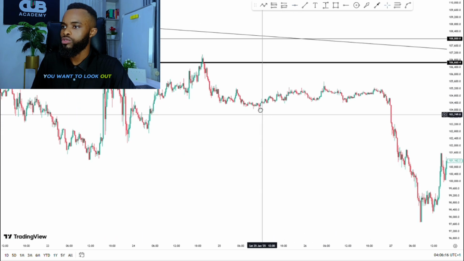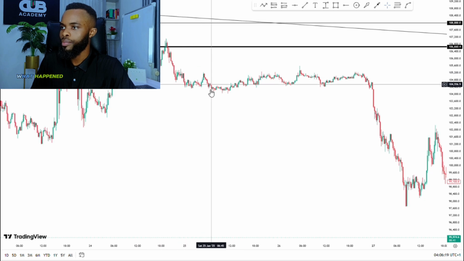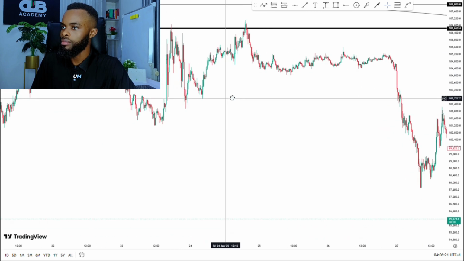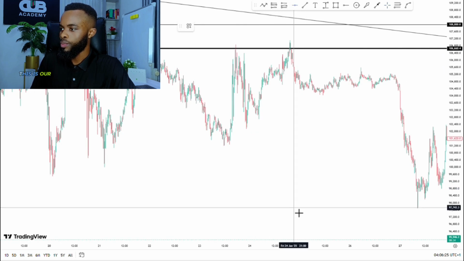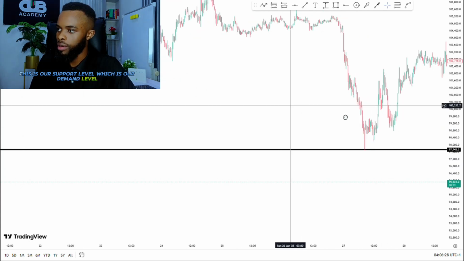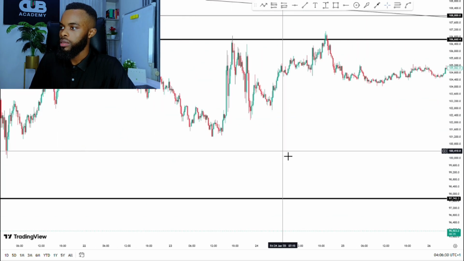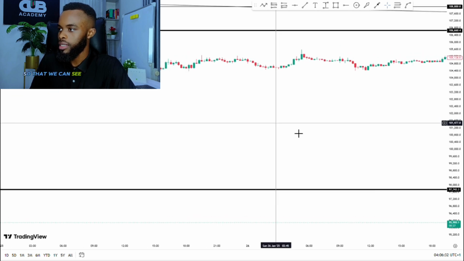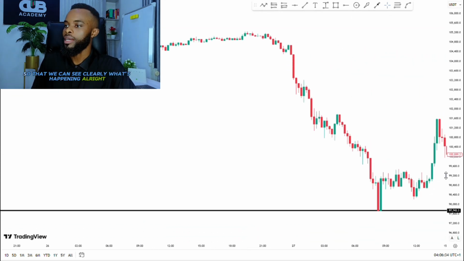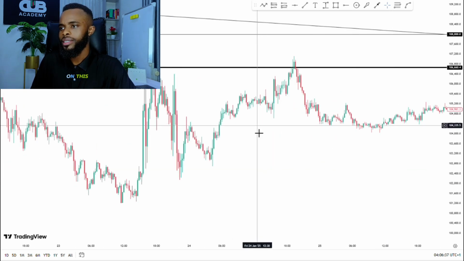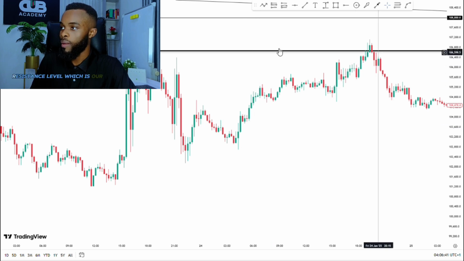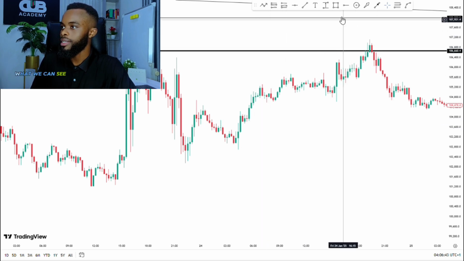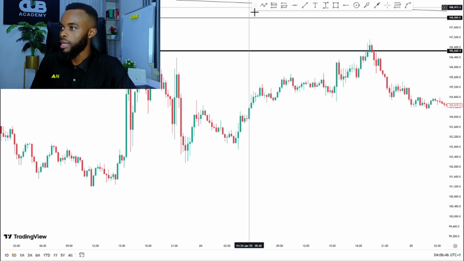So we want to be looking out for what happened at this key level, on this resistance level. This is our support level, which is our demand level. Let me zoom this so that we can see clearly what happened. On this resistance level, which is our supply level, what we can see is that the market was previously in an uptrend.